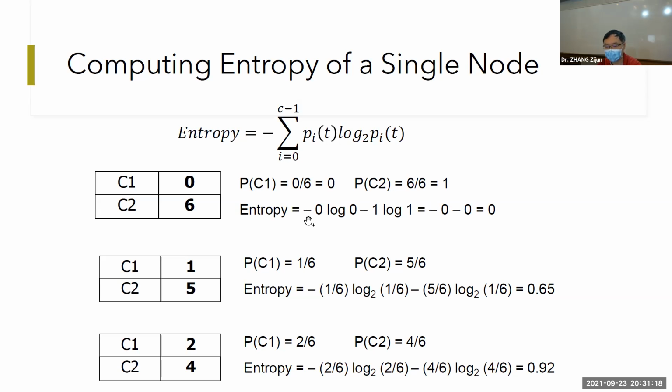Then we will immediately compute the entropy, which is negative 0 multiplied log 0 minus 1 multiplied log 1. So 0 multiplied log 0 is equal to 0, and 1 multiplied log 1 equals 0, so the total entropy is 0. Very pure, the purest case, entropy will equal 0.